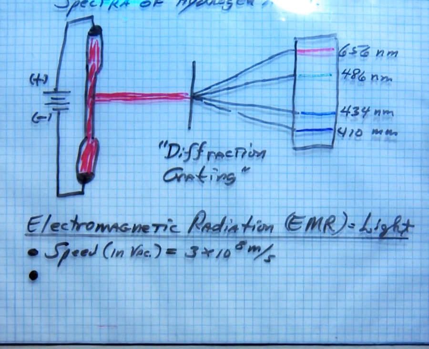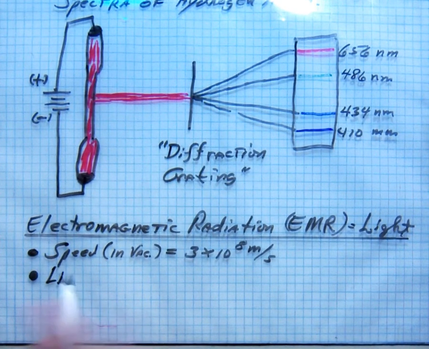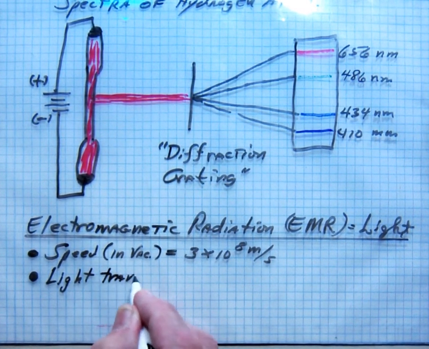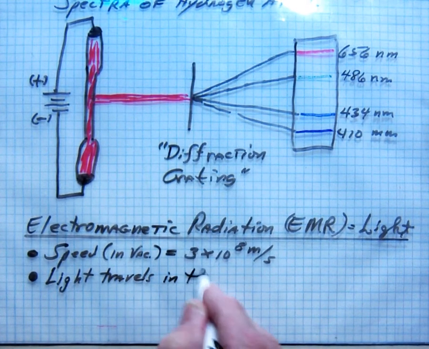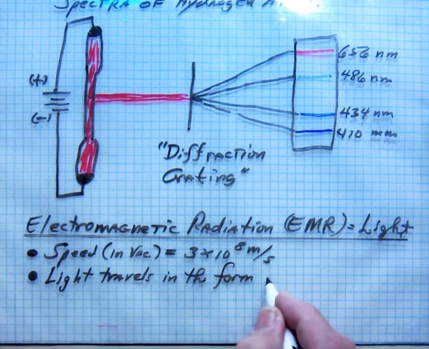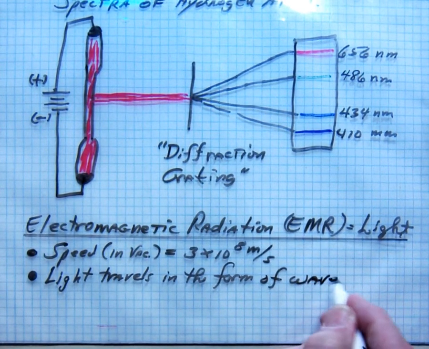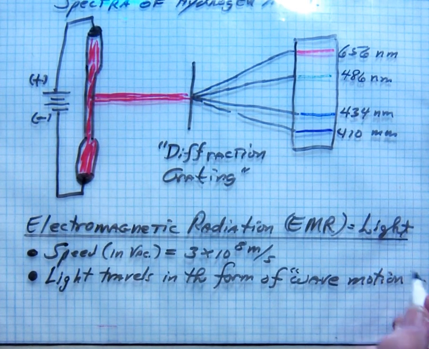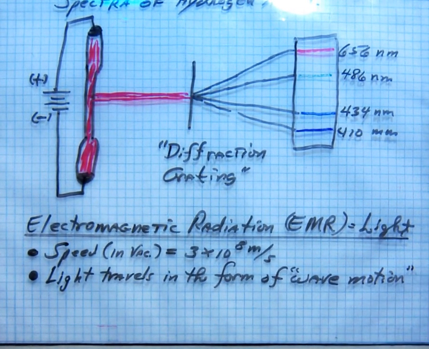Light is electromagnetic radiation, which means that light travels in the form of waves. And the textbook says light is propagated in terms of waves. This is generally referred to as wave motion. In evaluating wave motion, you have certain variables.